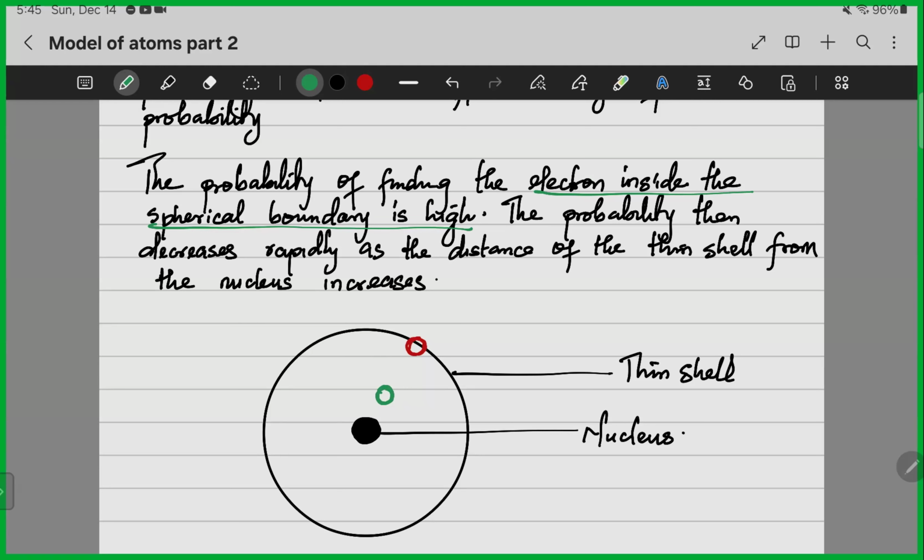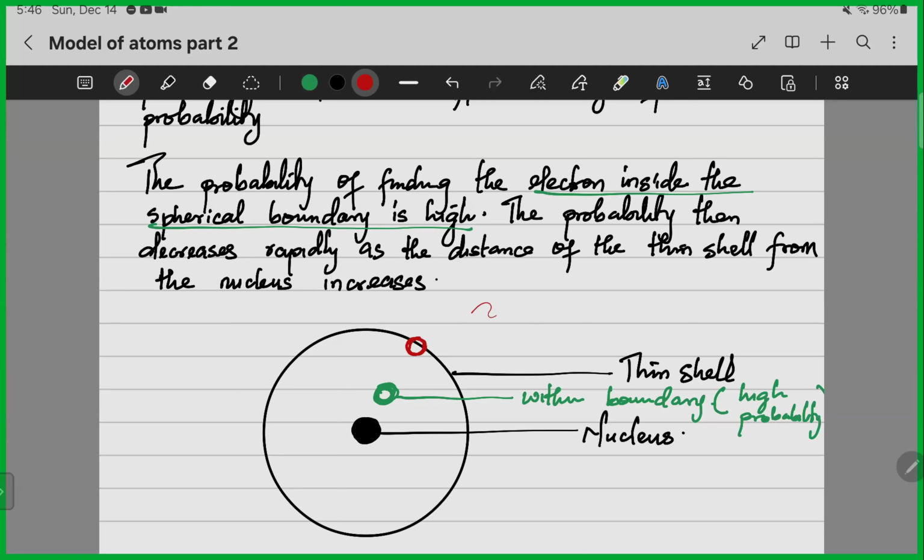So within the boundary, I label it green because the probability to find an electron there is high.